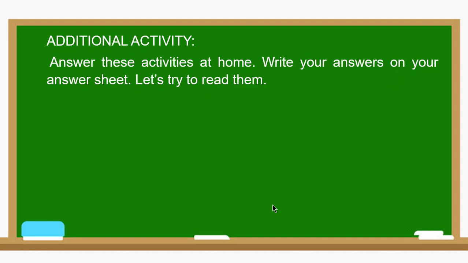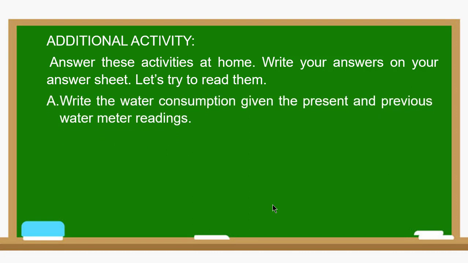Additional activity. Answer these activities at home. Write your answers on your answer sheet. Let's try to read them. Letter A. Write the water consumption given the present and previous water meter readings.